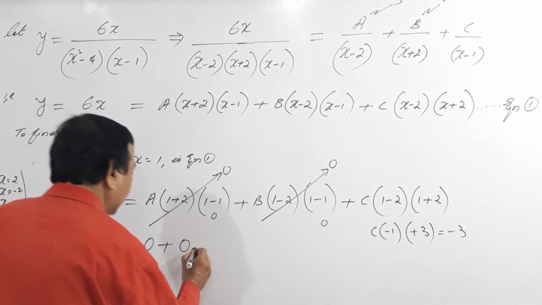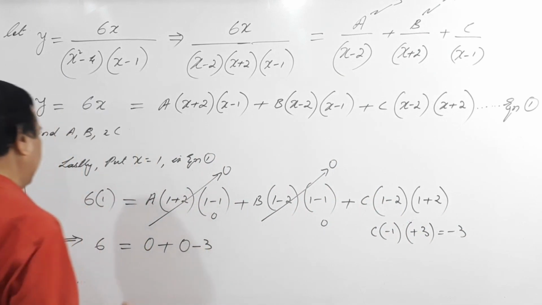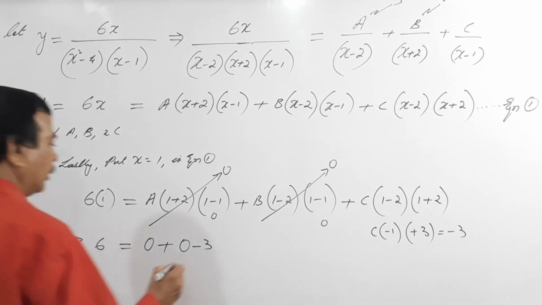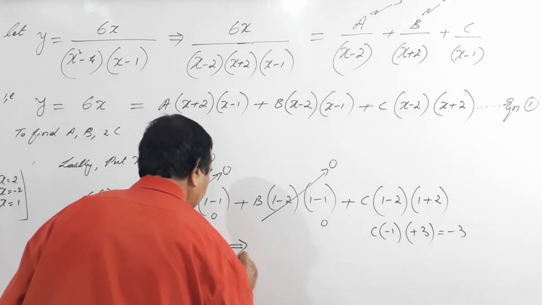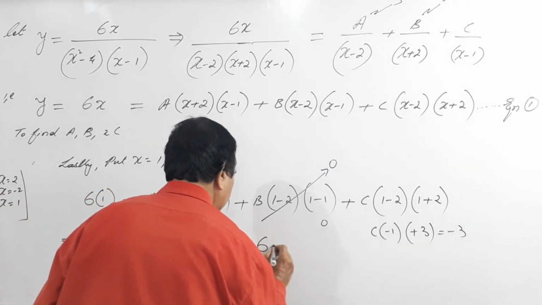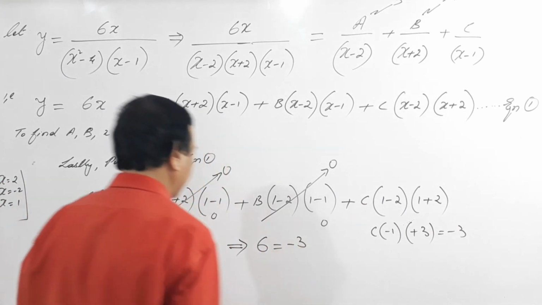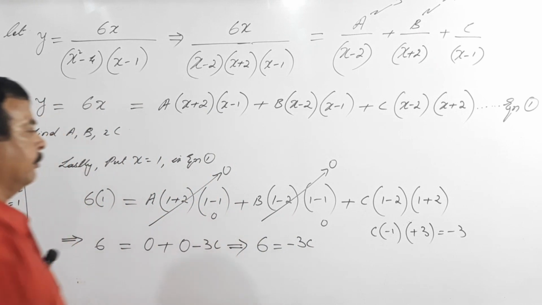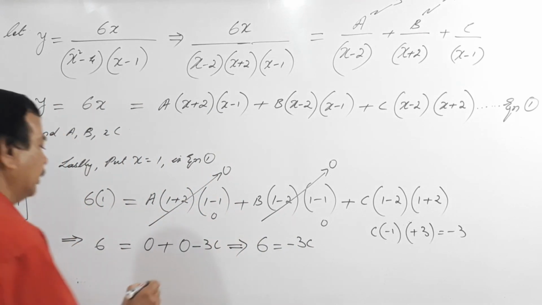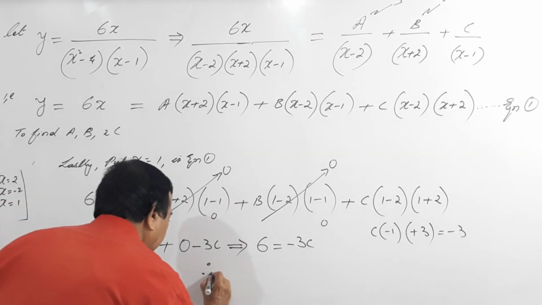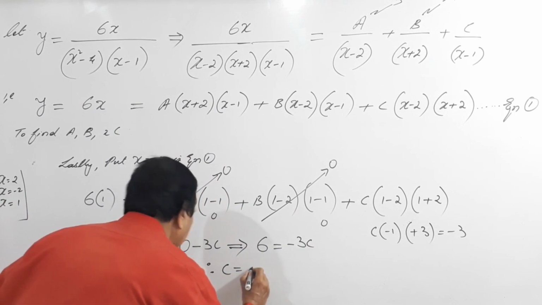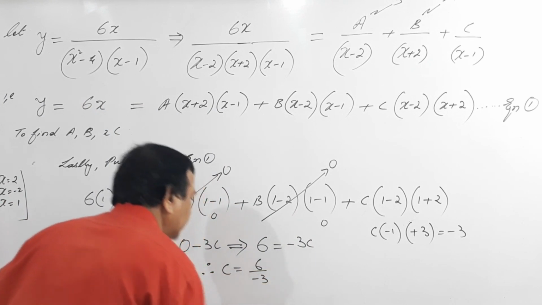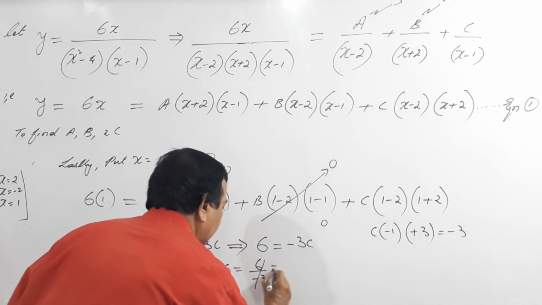So minus 3, which is nothing but 6 equals minus 3c, isn't it? Therefore c equals 6 by minus 3, nothing but minus 2.